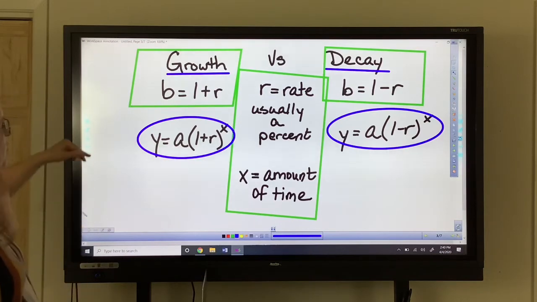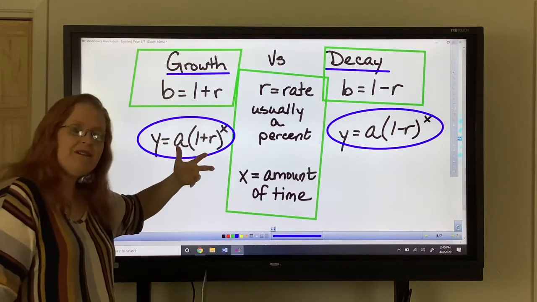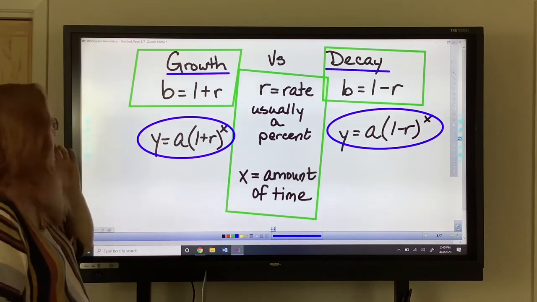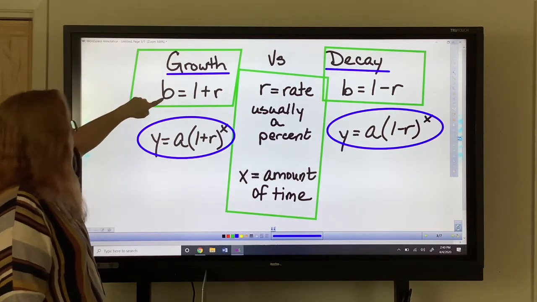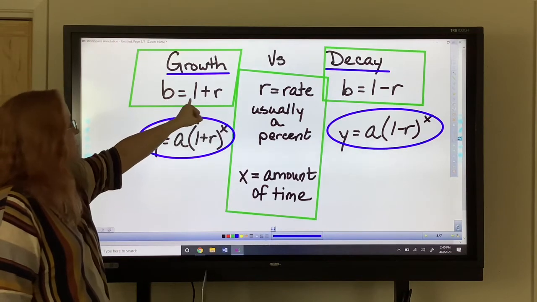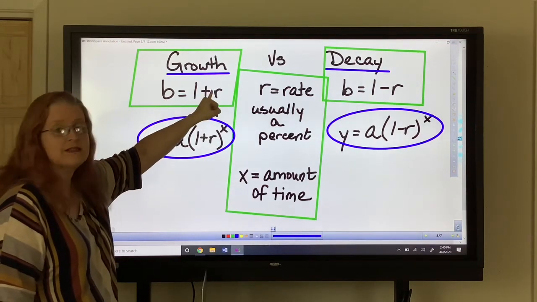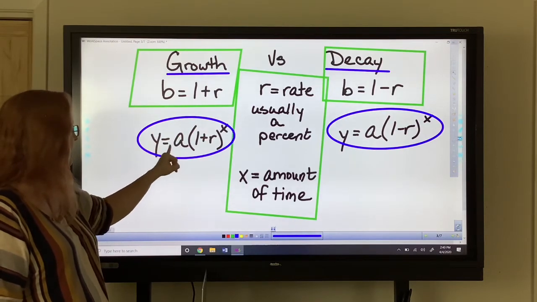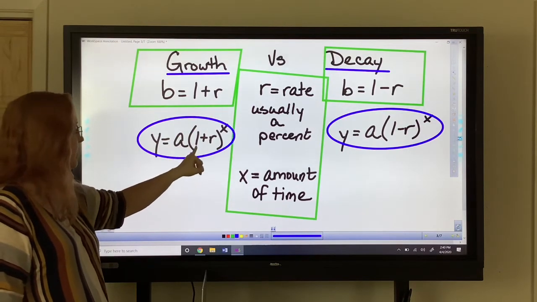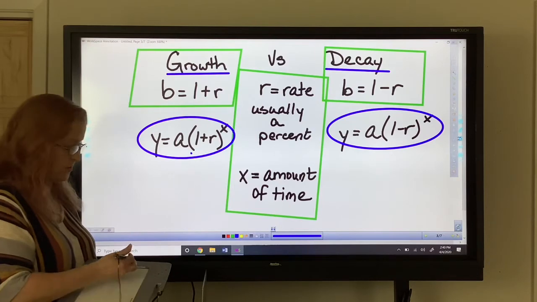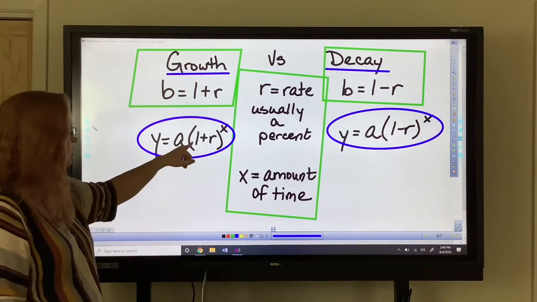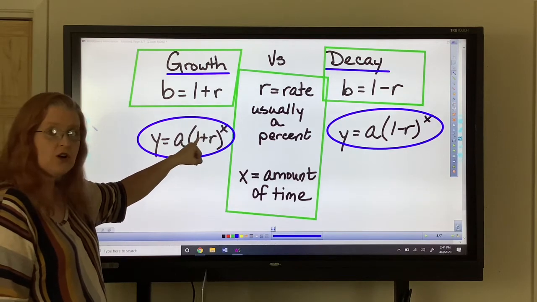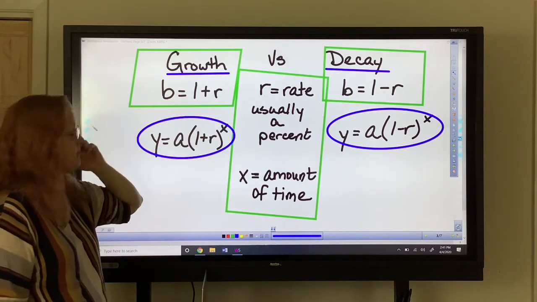Okay. So when you have a growth or decay, certain things in your functions must happen. On a growth, your b value is going to be 1 plus your rate. And so our equation would be y equals a times 1 plus r to the x power. And so it's always this 1 plus r that creates our b for a growth.